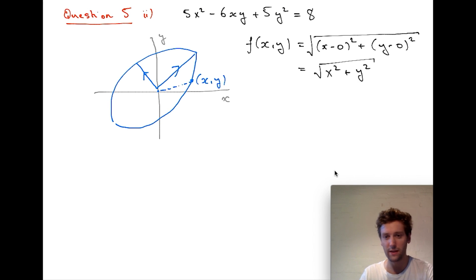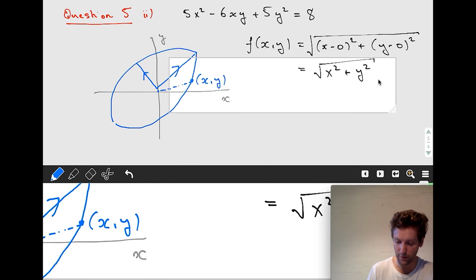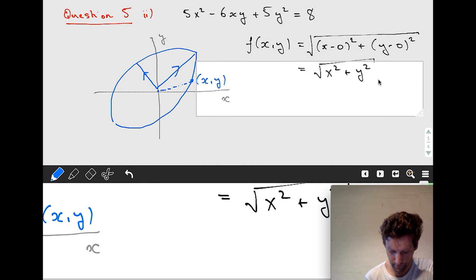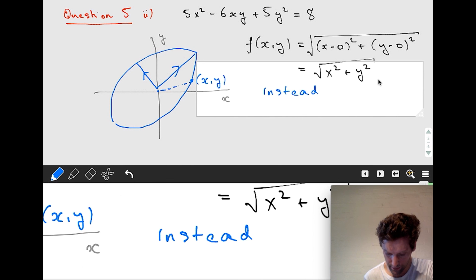Now we saw in the lectures that using the distance formula, square root of x squared plus y squared, ends up being much more complicated than it really needs to be, because we end up having to take the derivatives of square roots. So to make life easier, we're instead going to use not the distance, but the square of the distance.